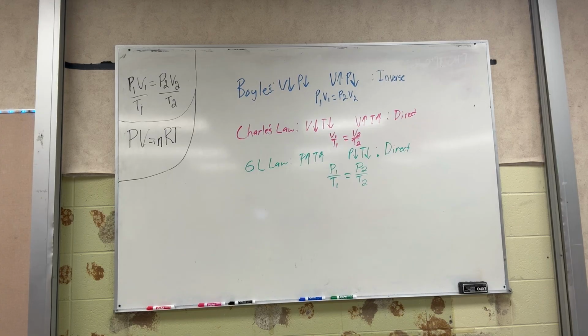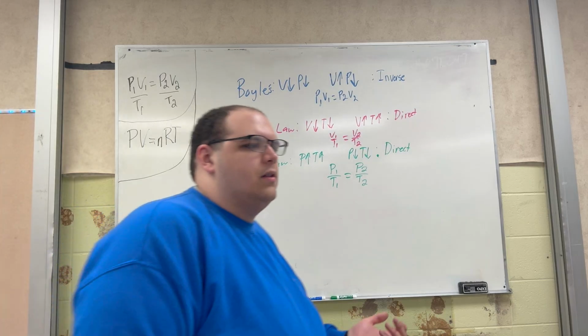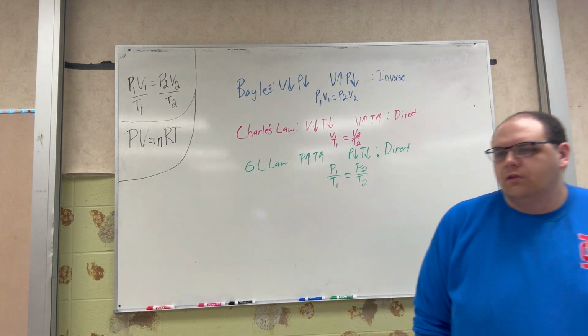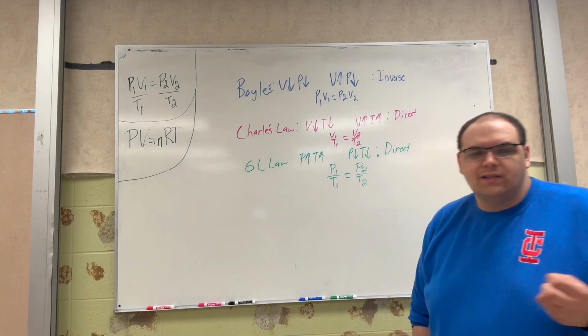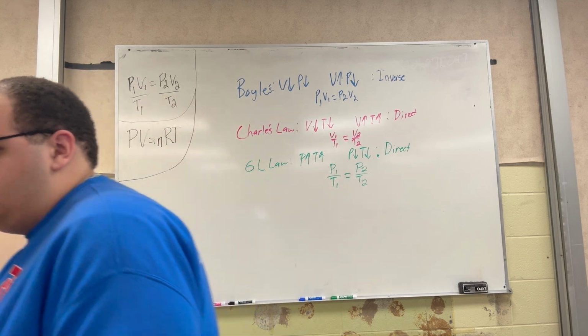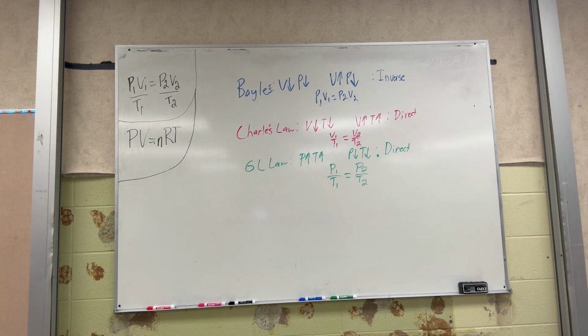That's what we're going to use today. The good thing about the combined gas law is that your units can be a little flexible. You don't necessarily need standardized units, whereas with the ideal gas law, we will look at specific units.